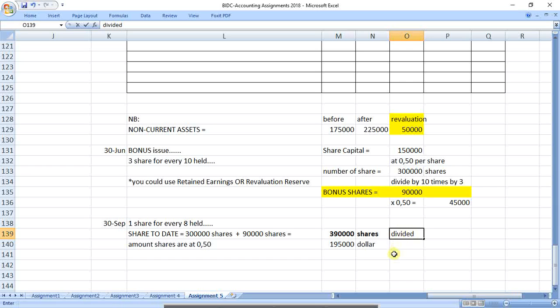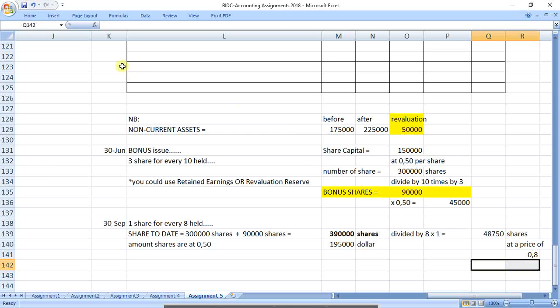So the equity will be worth more. 390,000 divided by 8 times by 1 gives you that number of shares at a price of 0.80.